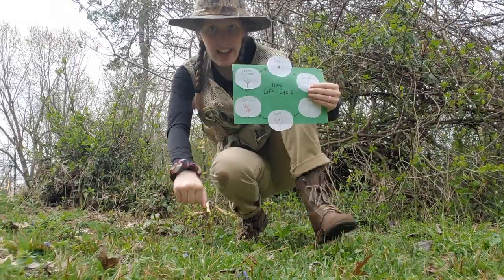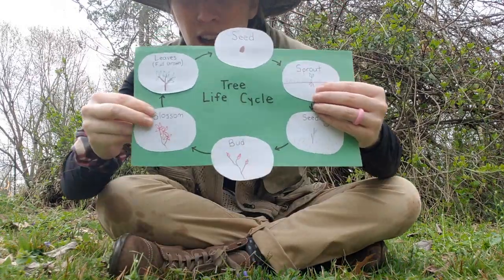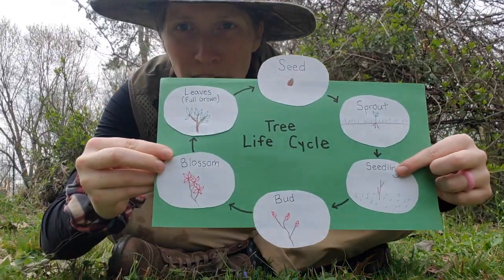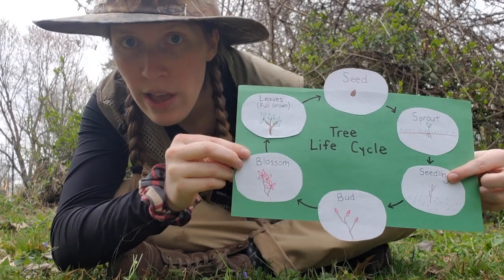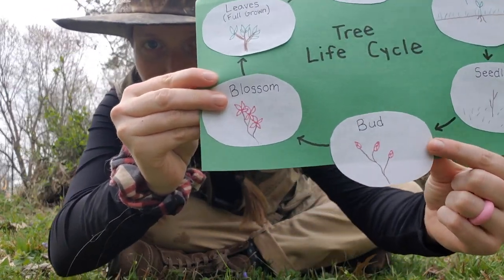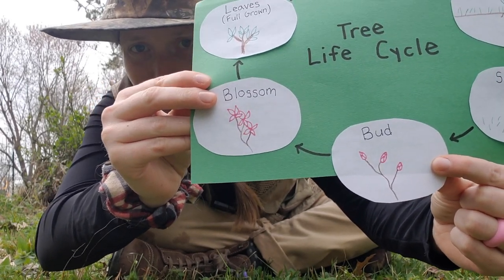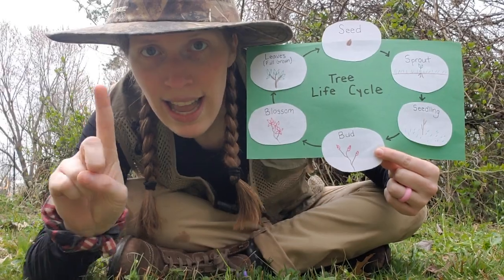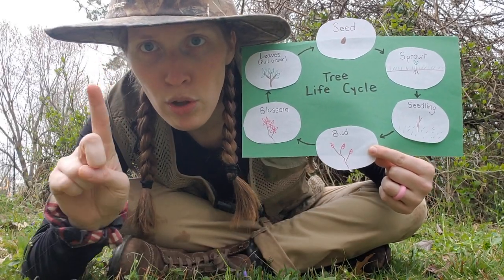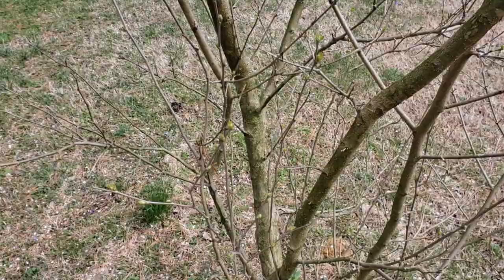All right, explorers, it is time for our next step. Let's take a look. We found our seedling. Now, it is time to find a bud. A small, teeny little speck of a flower, but it has not bloomed yet. Let's go find it. Friends, I found it.